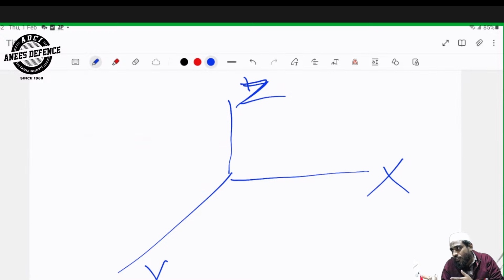What is the magnitude of the unit vector? 1. So if you represent the unit vector along the X direction, we are giving a special name. What is the name? I cap.